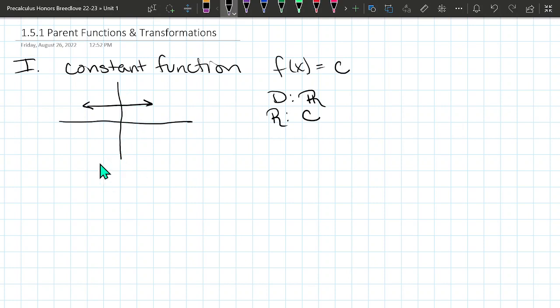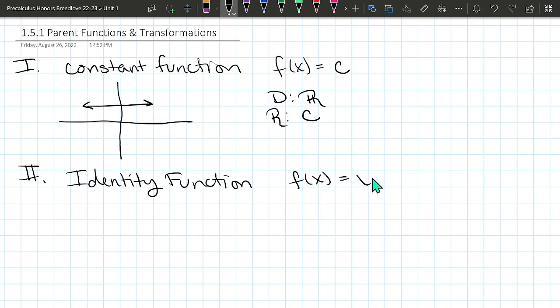There we go. And then the second one is going to be the identity function. You also know it as the linear function.